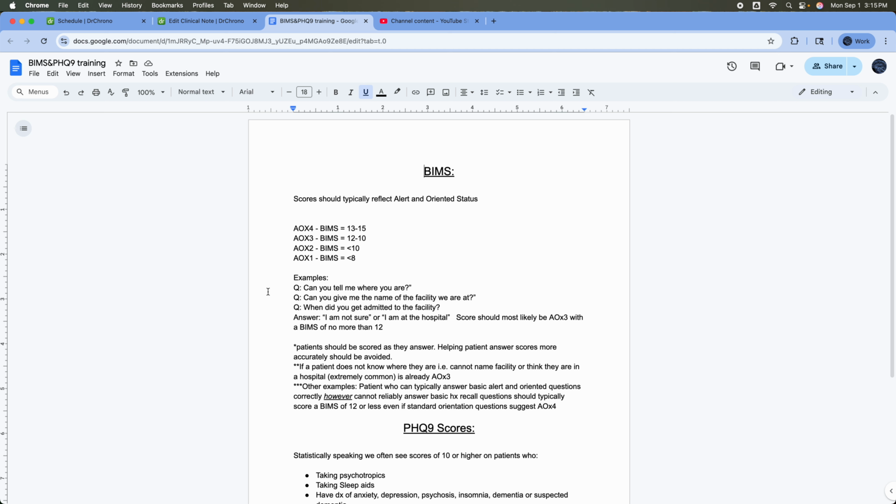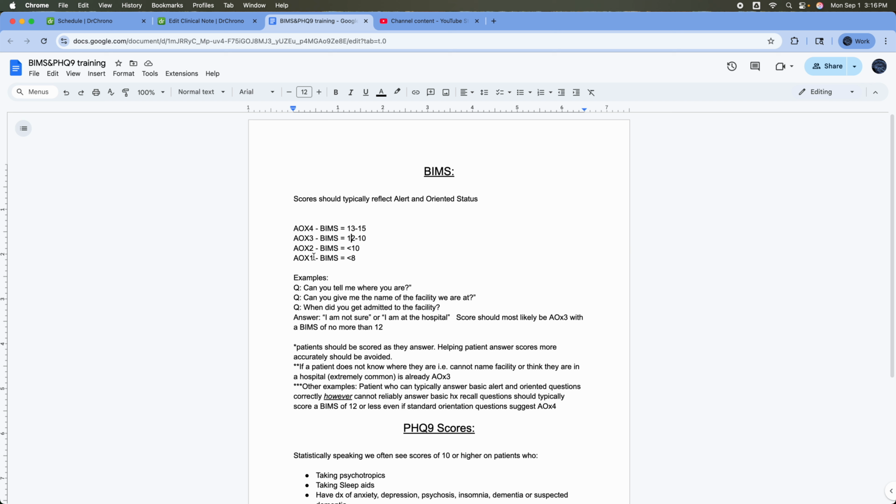And so when I have a conversation with the patient, what is important? The category. And what I find is that an A&O status of 4 will typically mean a BIMS score of 13 to 15, because a score of 12 literally means some mild cognitive impairment. A patient who has an A&O status of 3, person, place, time, self, then their BIMS should reflect that, a 12 to 10 roughly, but it should be 12 or lower.